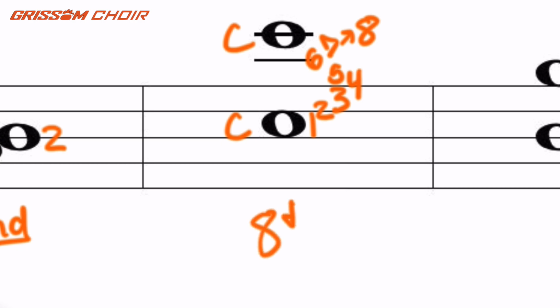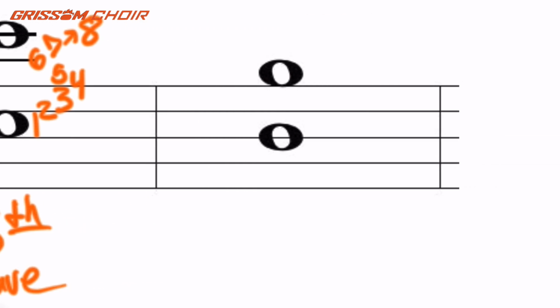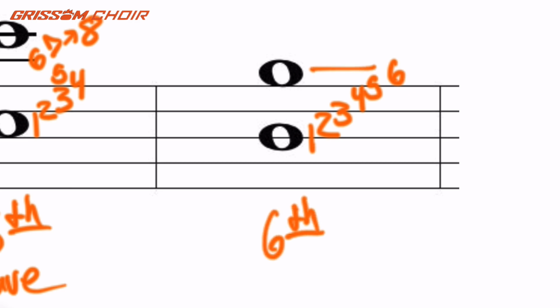So you could either call this an eighth or an octave. This last example right here, 1, 2, 3, 4, 5, 6. That's what that note is on, so we would call this interval a sixth.